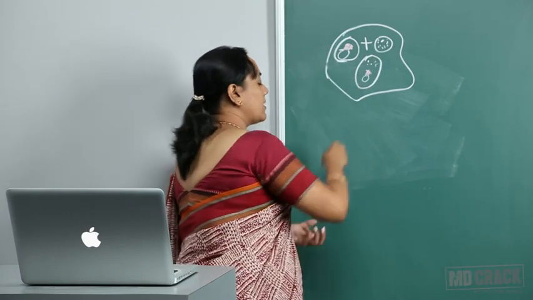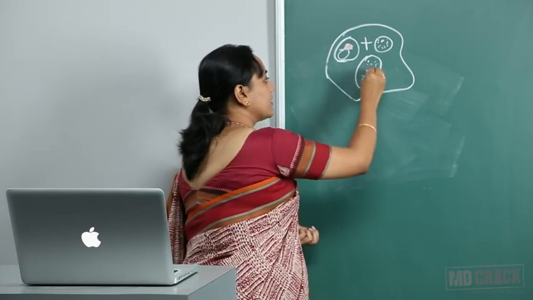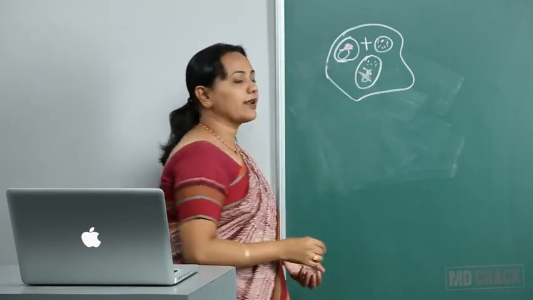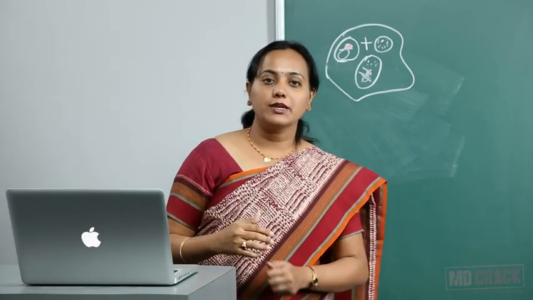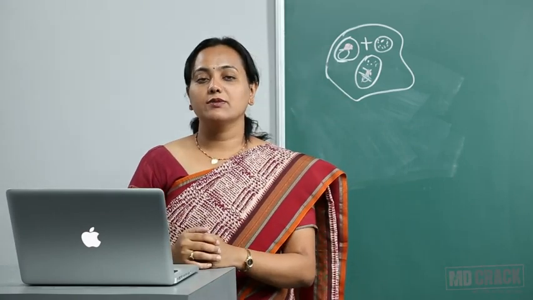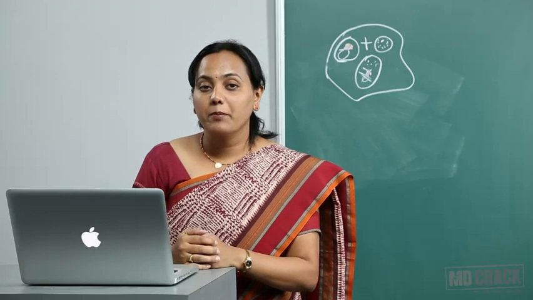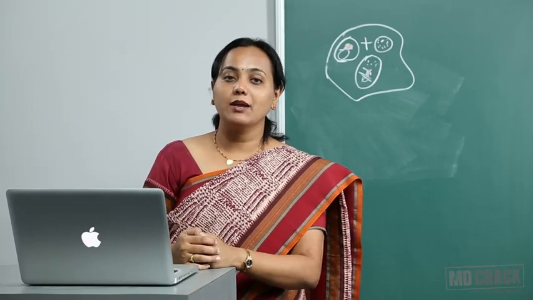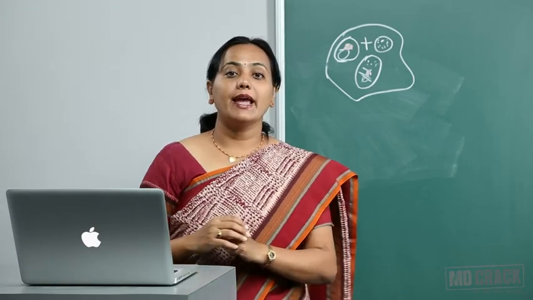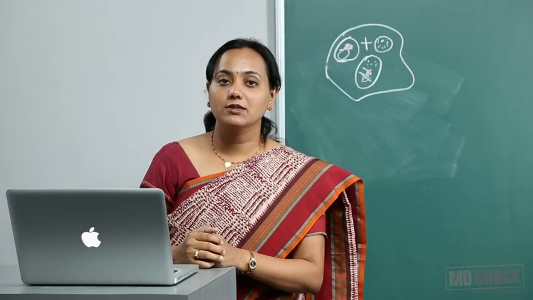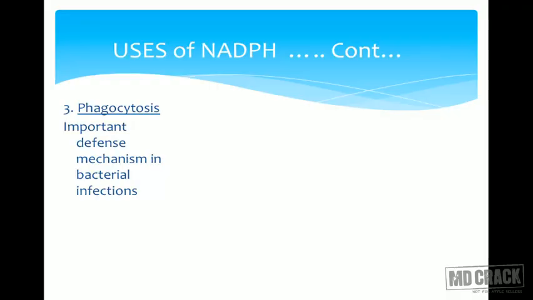Now this enzyme has to degrade this bacteria. So how does it do that? In this phagocytosis, there is a very important enzyme which is present, and that is NADPH oxidase. So this phagocytosis, it is a very important defense mechanism in bacterial infection.